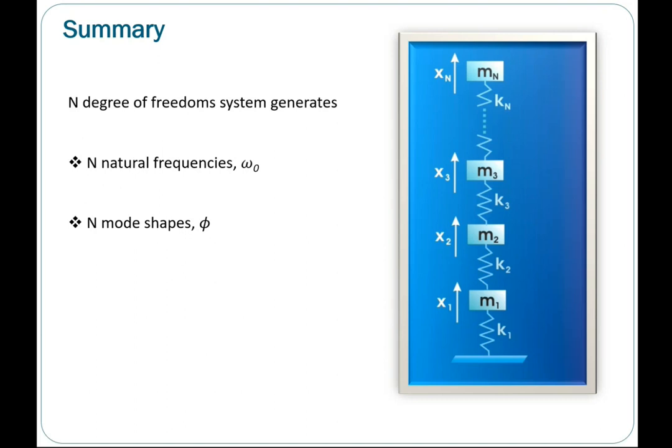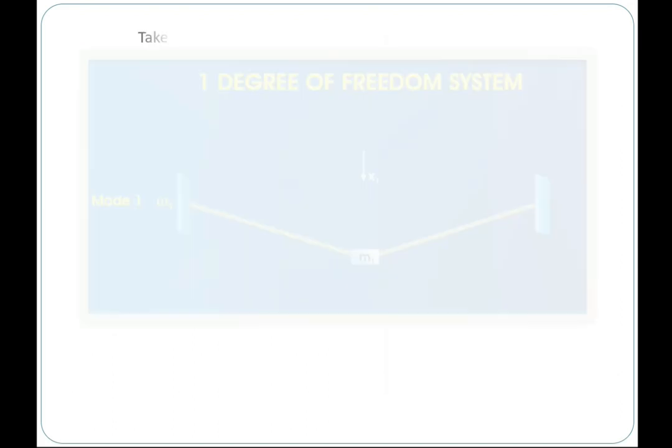Each natural frequency comes with its corresponding motion, or mode shape. At a certain natural frequency, it will behave in its own mode shape. So if you have n natural frequencies, then you have n mode shapes in an n degree of freedom system.